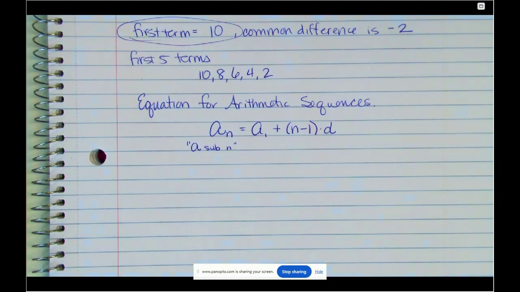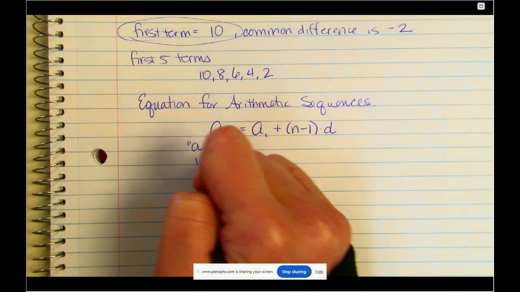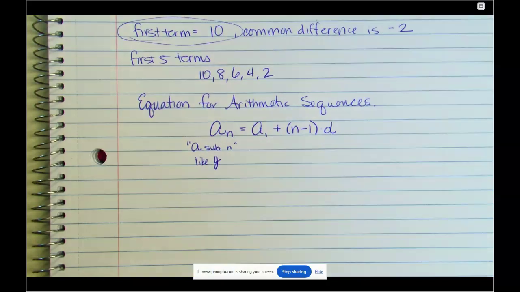It's kind of like your y value. Okay, so our equations that normally have x's and y's, this is going to have an A sub n.